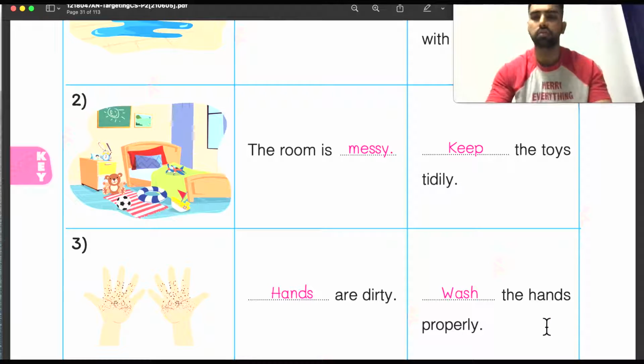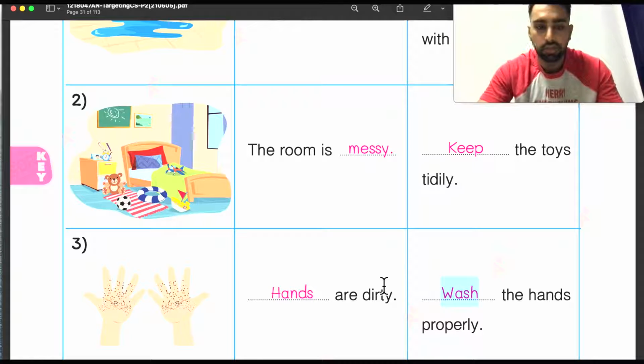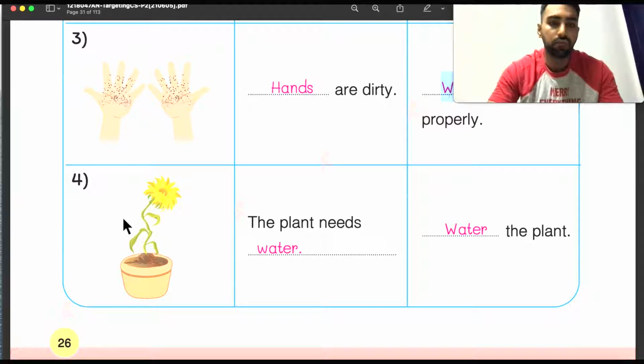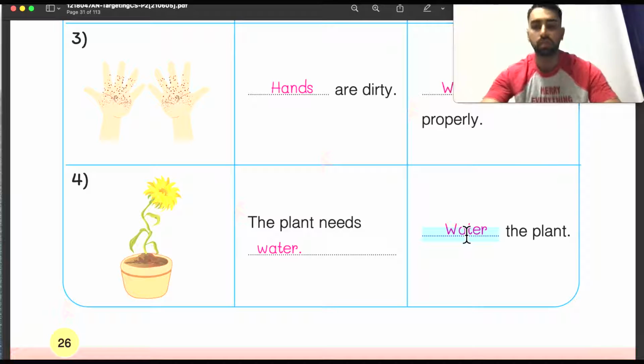What you have to do is wash your hands. And number 4: the problem we have is the plant needs water. The solution we have is water the plant. All right, easy to understand, right?